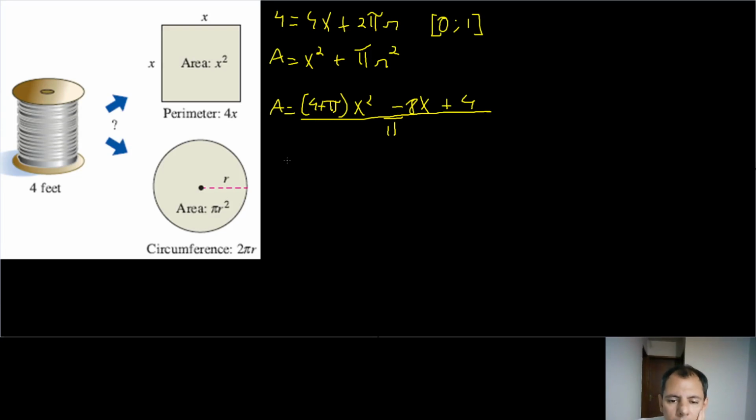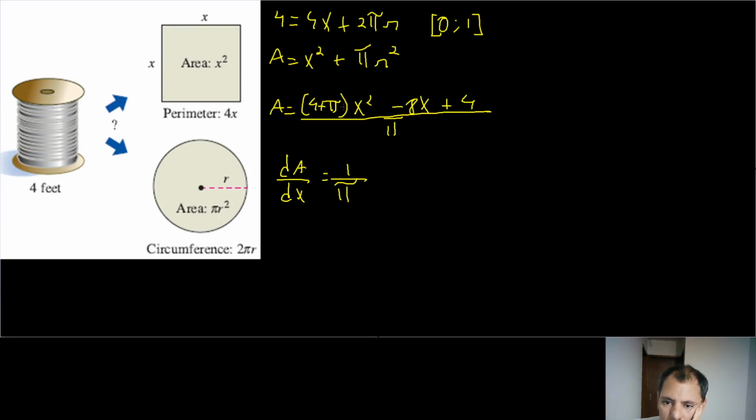So now I gotta differentiate dA with respect to x. This equals 1 divided by pi, I'm taking this pi out, okay? So what do you have?